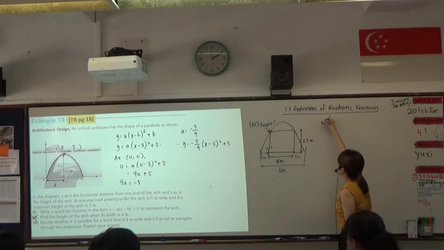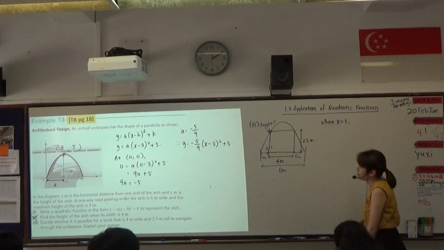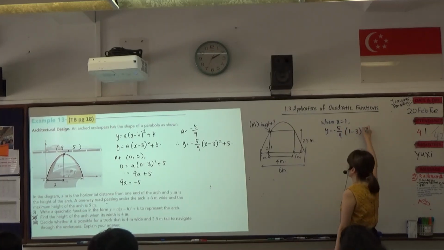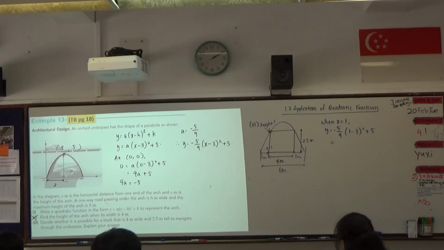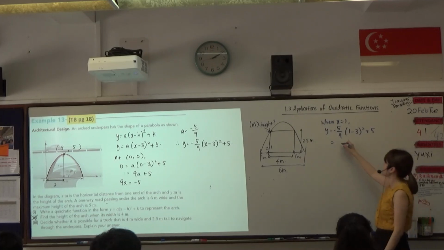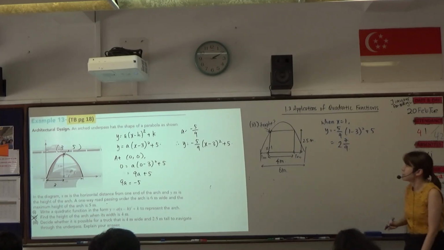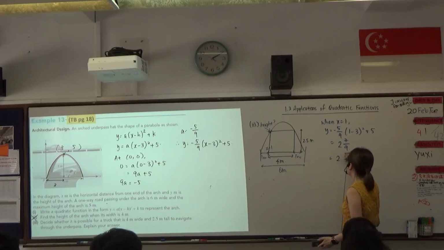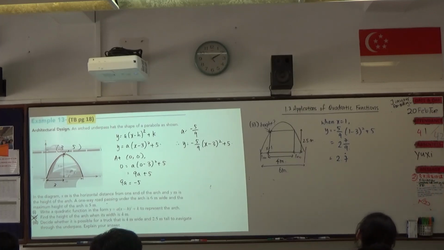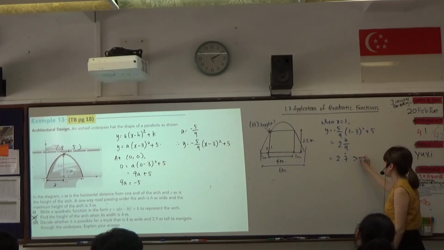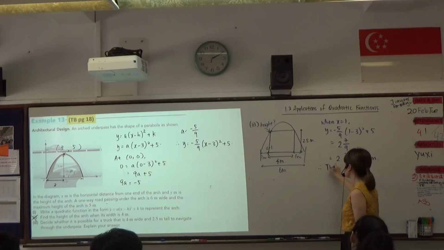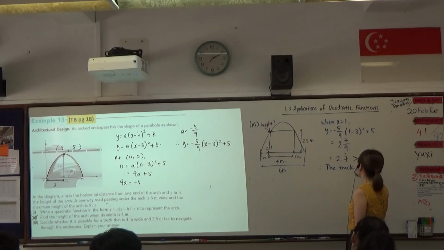So when x equals 1, your y value will be found to be 2 and 7 over 9. And 7 over 9 is actually a recurring decimal of 2.7 recurring. Because this is greater than 2.5 meters, we can conclude that the truck is able to navigate through.